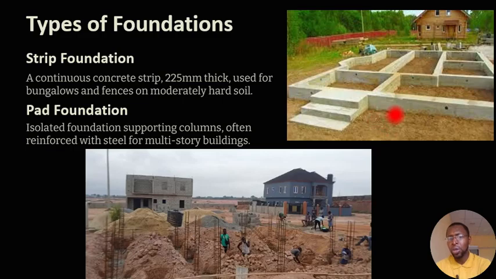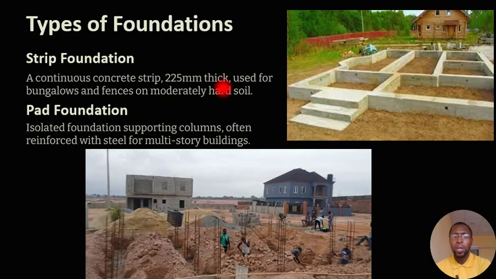So the soil should be moderately hard, and if you have the intention of building a bungalow, then you can make it of this strip foundation. The major characteristic is that the strips are 225 millimeters thick.